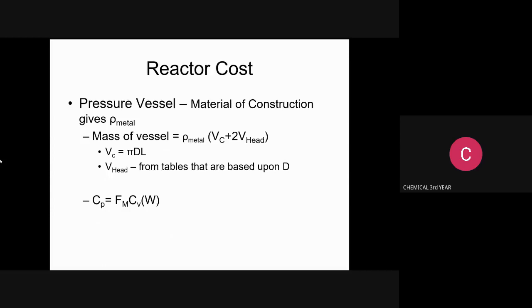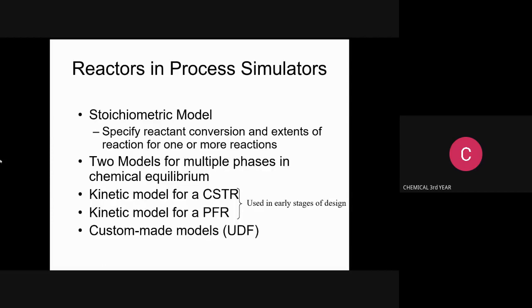As I already told you, we have to consider the construction material, the mass of the vessel, the pressure of the vessel, and so on. Simply, we can understand the reactor cost by reducing the pressure vessel process using the reactor kinetics.